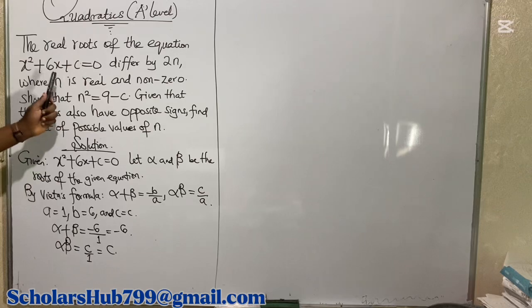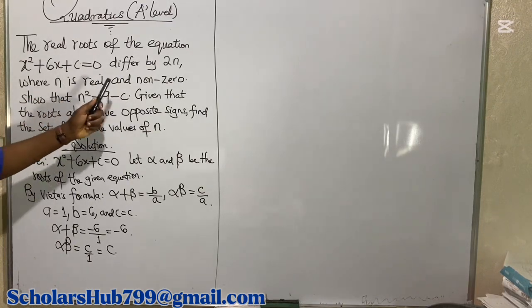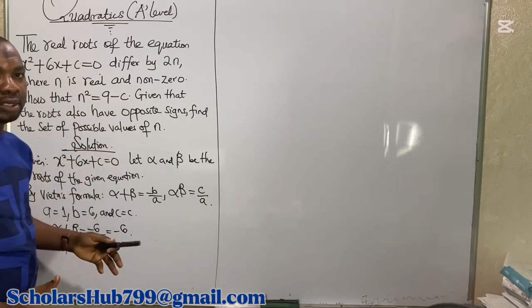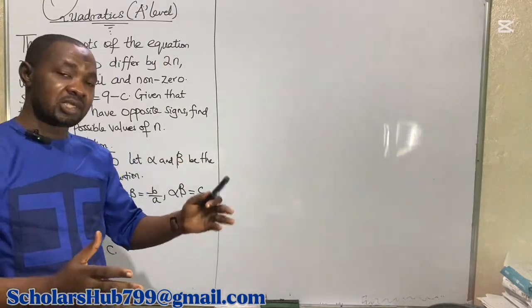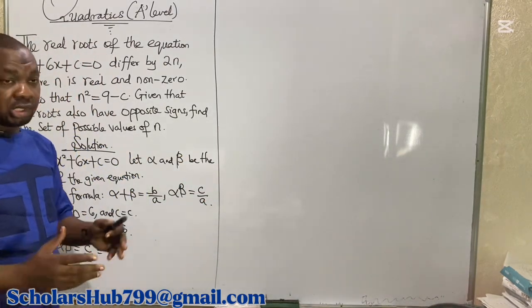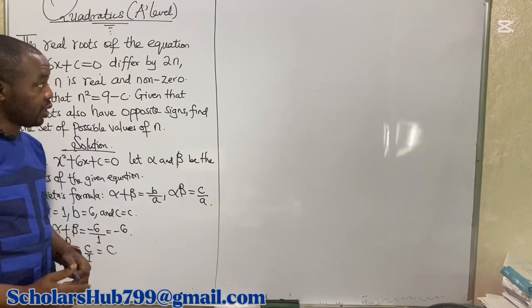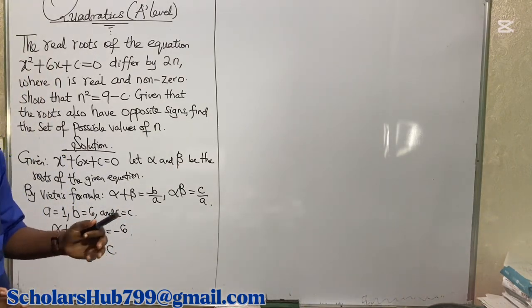Now, we have here that the roots of this equation differ by 2n. What this means is that the difference between the two roots, alpha and beta, is 2n.